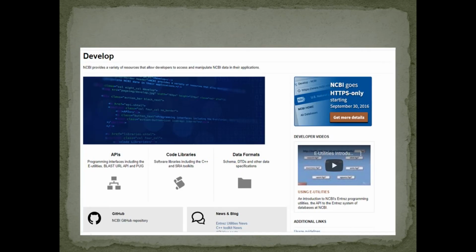In the develop section, NCBI provides a variety of resources that allow the developer to access and manipulate the NCBI data in their applications, for example APIs, code libraries, and data formats. These are all related to the develop section of NCBI.